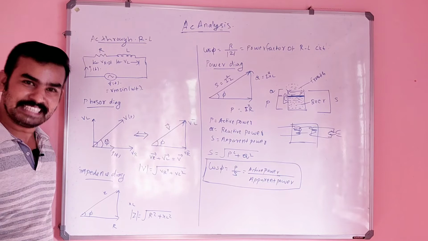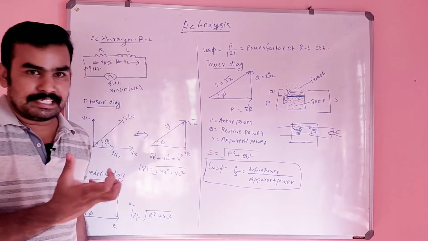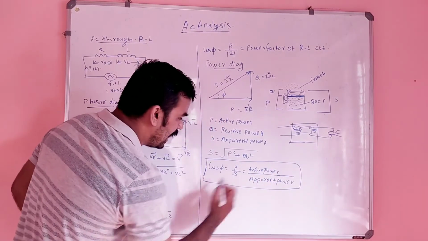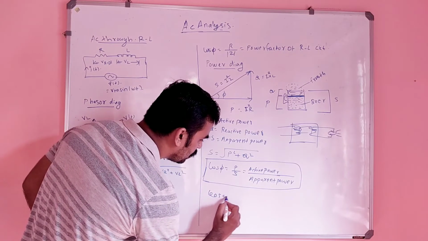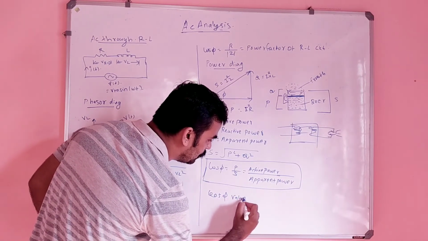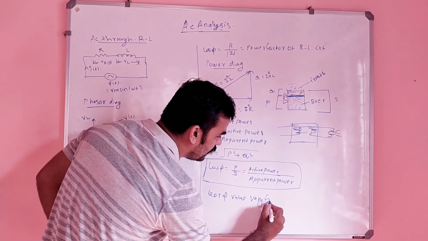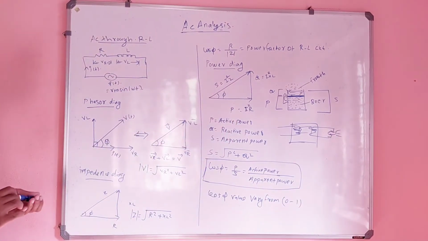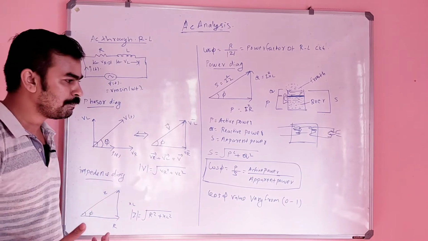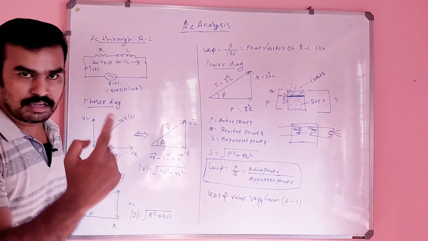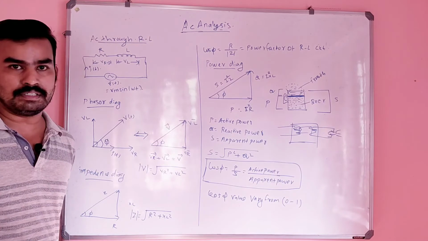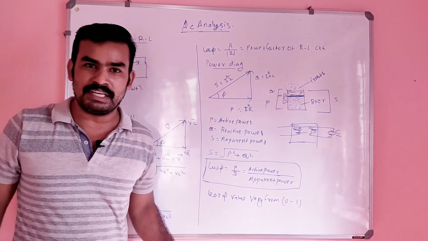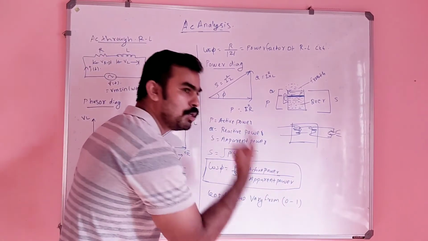Is it clear? So the value of cos phi may vary from 0 to 1. The maximum value of 1 is not possible all the time, because only in the ideal case cos phi is equal to 1.